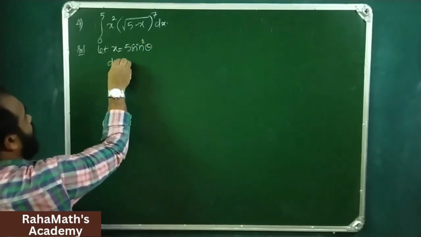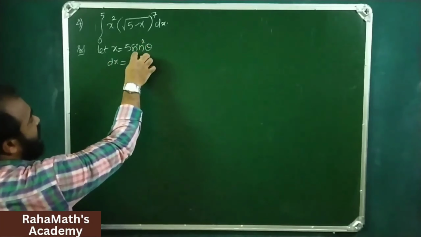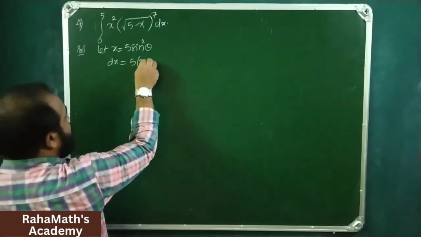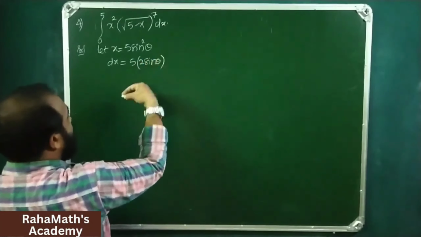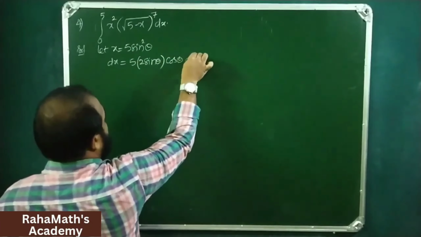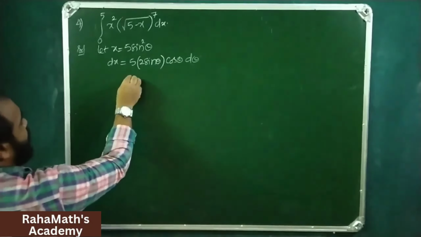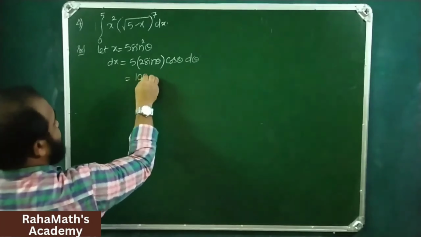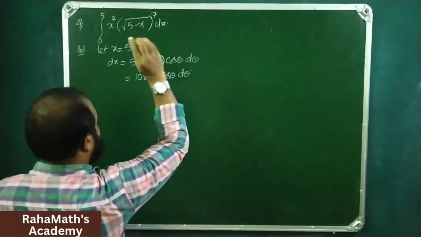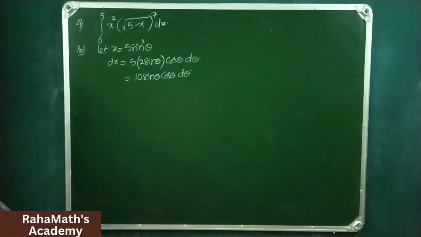Then dx is equals to 5 times the derivative of sine theta whole square. X square derivative is 2x, so 2 sine theta into d by d theta of sine theta is cos theta d theta. So this is 5 into 2, 10 sine theta cos theta d theta. So we need to change the limits.